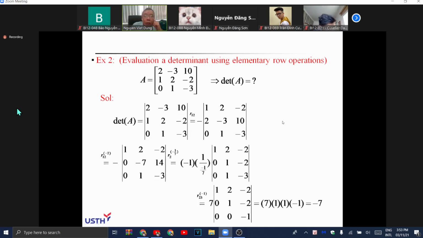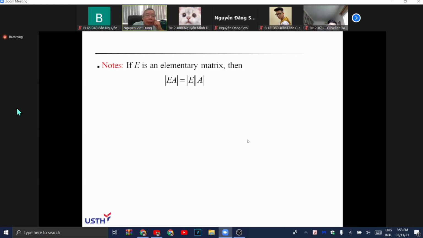The next slide will show you the property saying that if E is an elementary matrix, you should remember that we have three kinds of elementary matrices corresponding to three kinds of row operations, with the same notation, except the operation is small and the elementary matrix is the capital one.